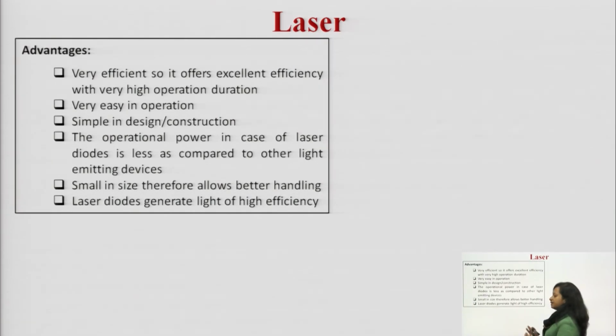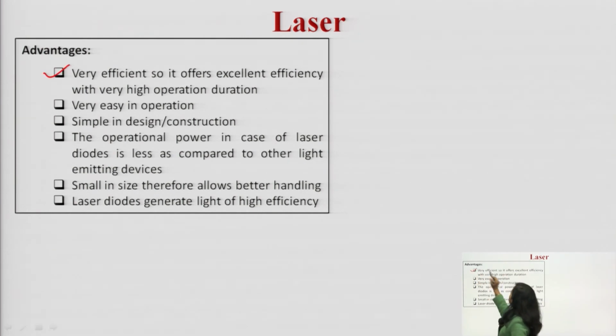Now, let us discuss the advantages, disadvantages and applications. What are the advantages? What I have told you, the laser is based on the principle of spontaneous and stimulated emission. So, the advantages are that it is very efficient. It offers excellent efficiency with very high operation duration.